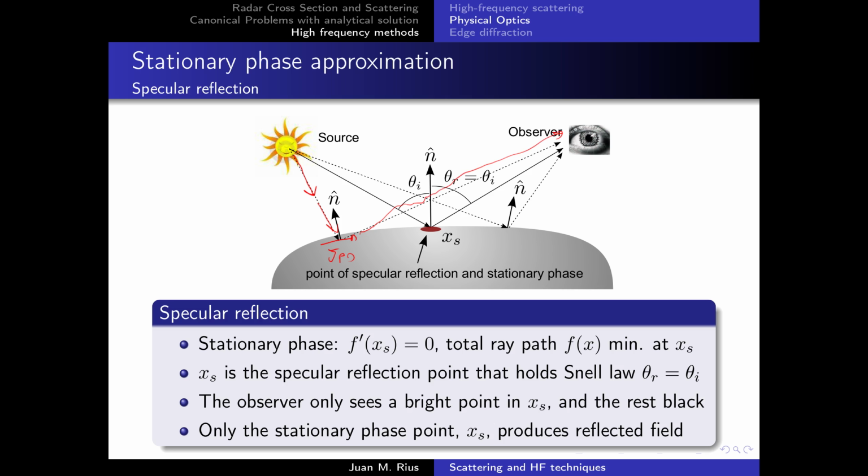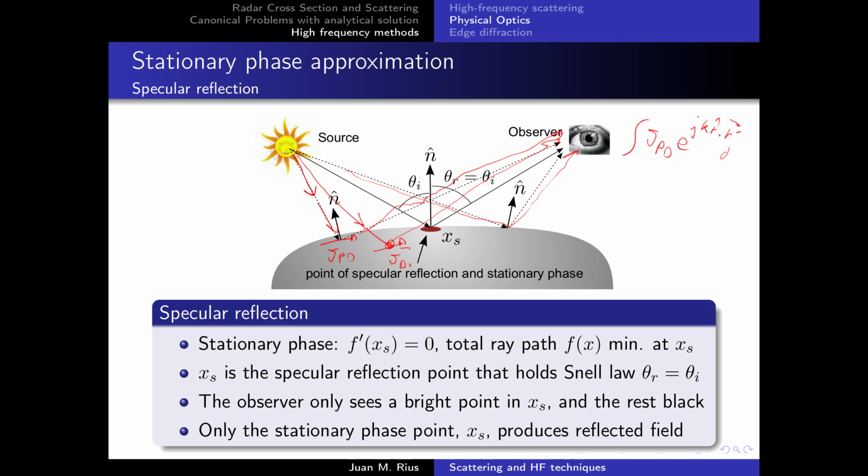Then we have another point here where the incident field produces a physical optics current, and this current contributes to the field observed by the observer. The same here and everywhere, the same for all points on the surface. And what we do is we integrate the contribution of all the surface points.